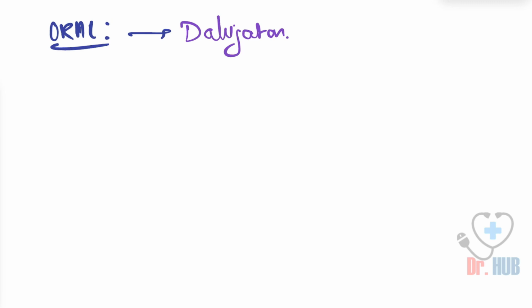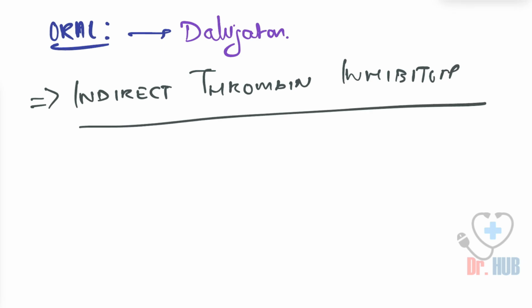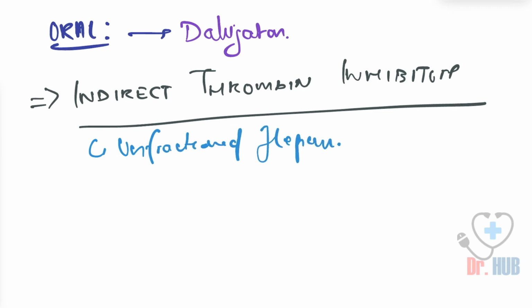Next, we move on to the indirect thrombin inhibitors. Under the indirect thrombin inhibitors, it includes the unfractionated heparin, and also the LMWH, that is low molecular weight heparin.